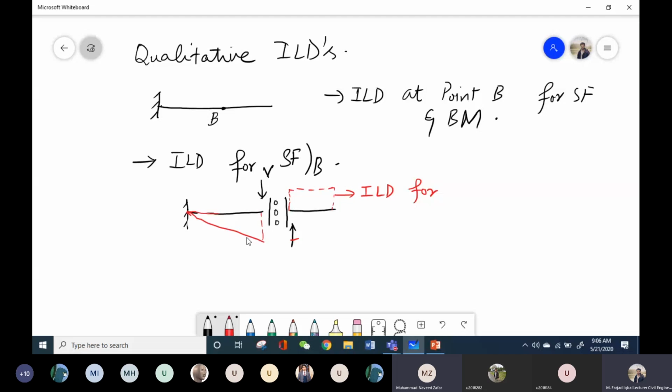Do you think it will move like that? Yes, I do. Why? Remember that we have a fixed support at this end.